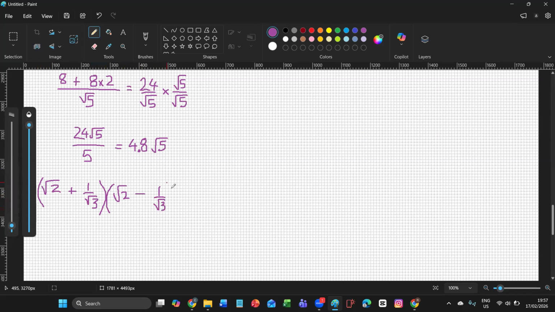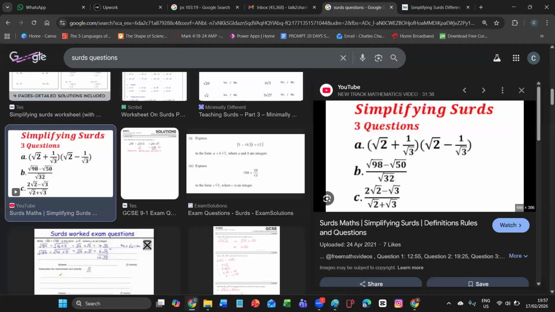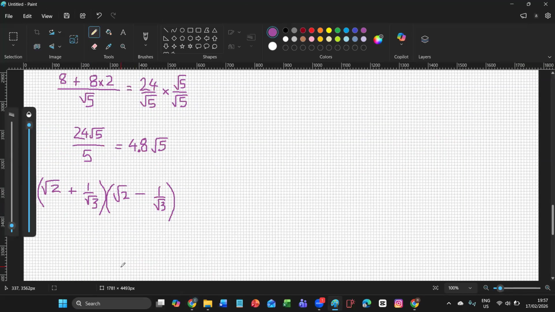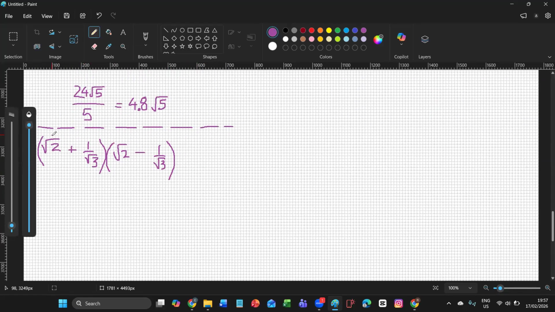Okay. All right. So let's just be sure I got it. Yes, I did. So what do we do in a scenario like this? It's expansion. The rule of expansion still applies whenever you have two brackets. And what's that rule? You take the first one and multiply it by the first one here.